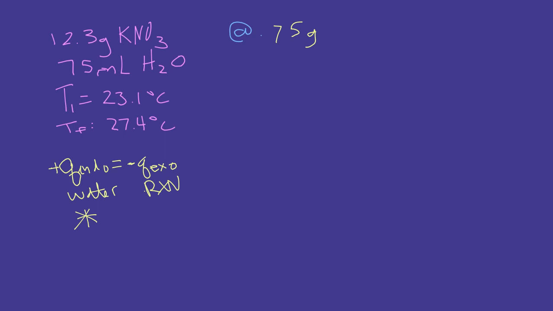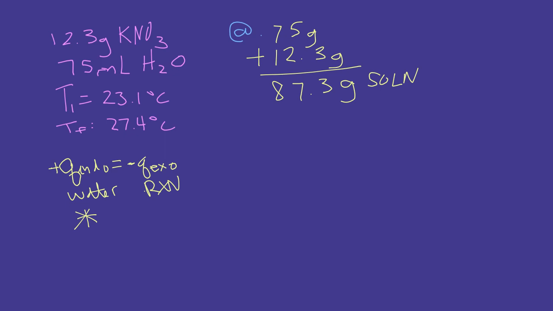If something is dissolved into the water, that means it's going to add mass to your total solution. So we're going to add in the mass of the solid because that adds mass to the water. So this would be 87.3 grams. And this is your solution total.